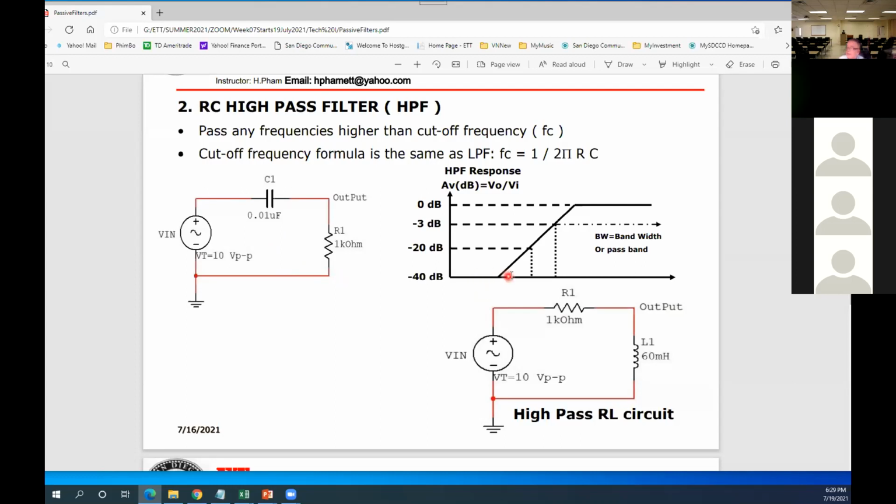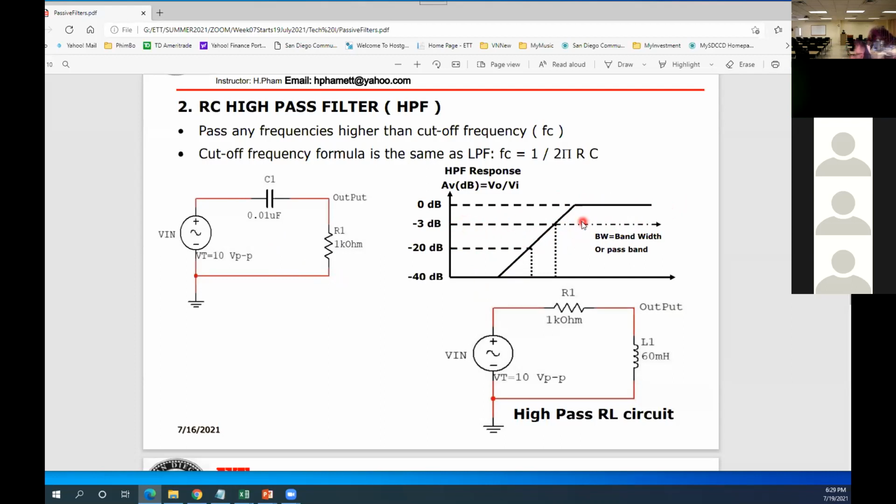Now, this is the cutoff frequency. Any signal higher than cutoff is allowed to pass. Any signal less than cutoff will be blocked. That will be called the stop band here.